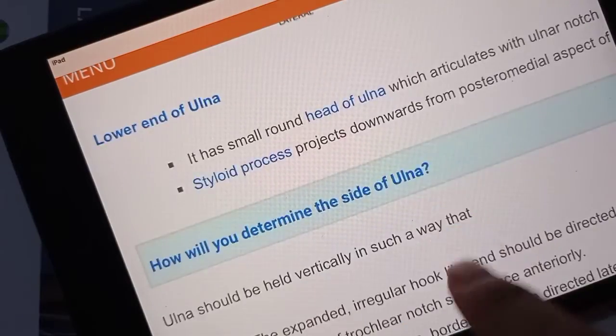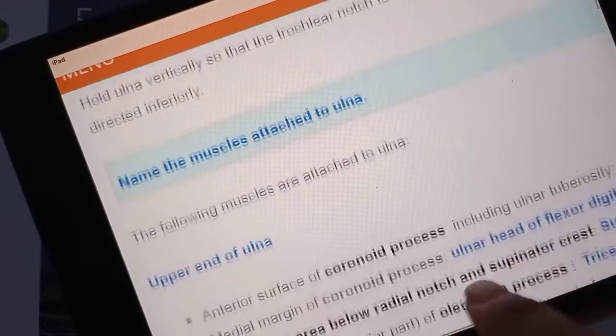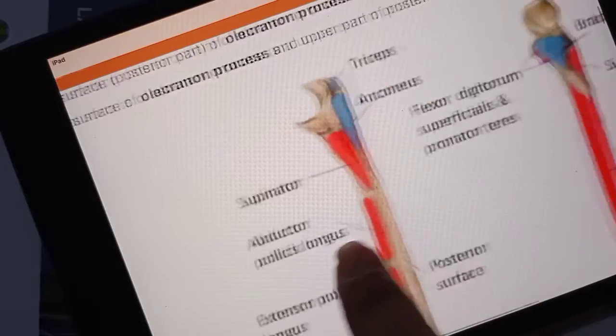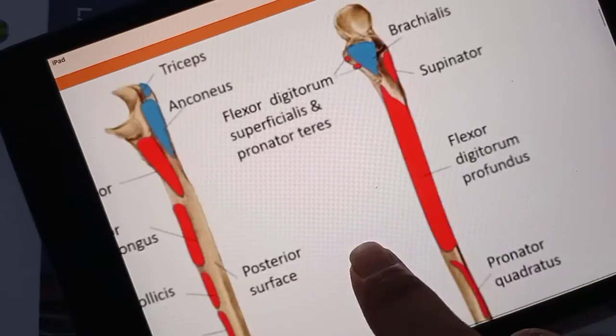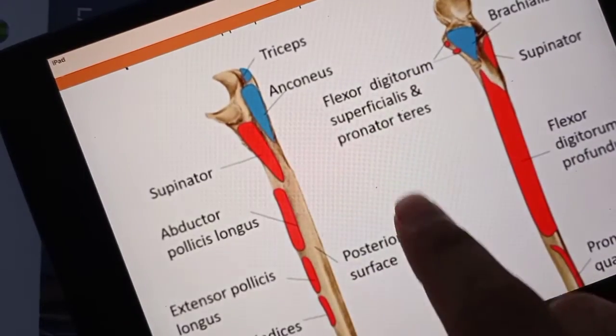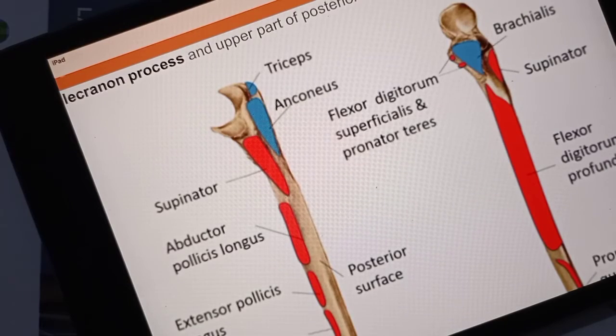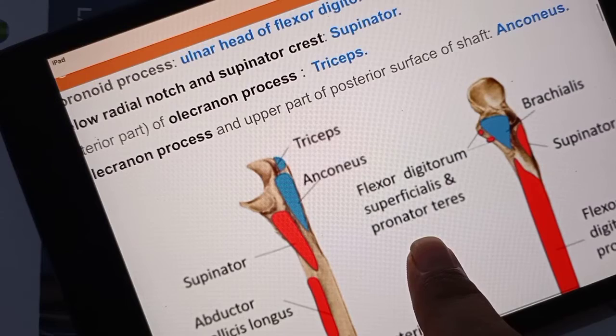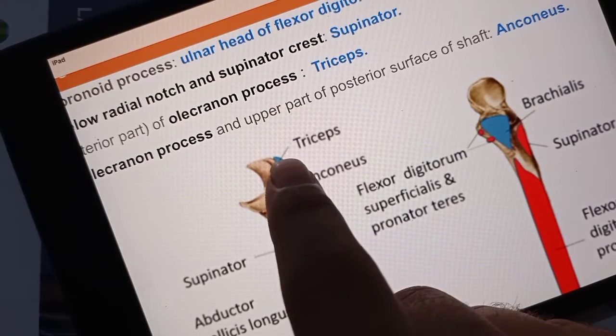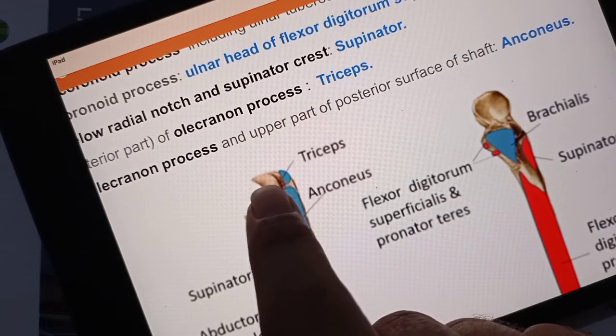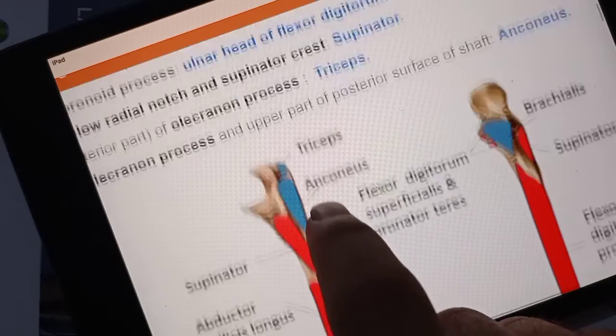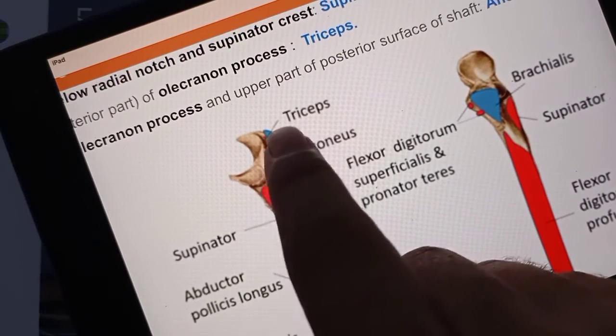Now we will talk about the muscles attached to the ulna. In this diagram you can see, first of all, the triceps brachii are attached to the olecranon of the ulna. This was the olecranon process above the trochlea.